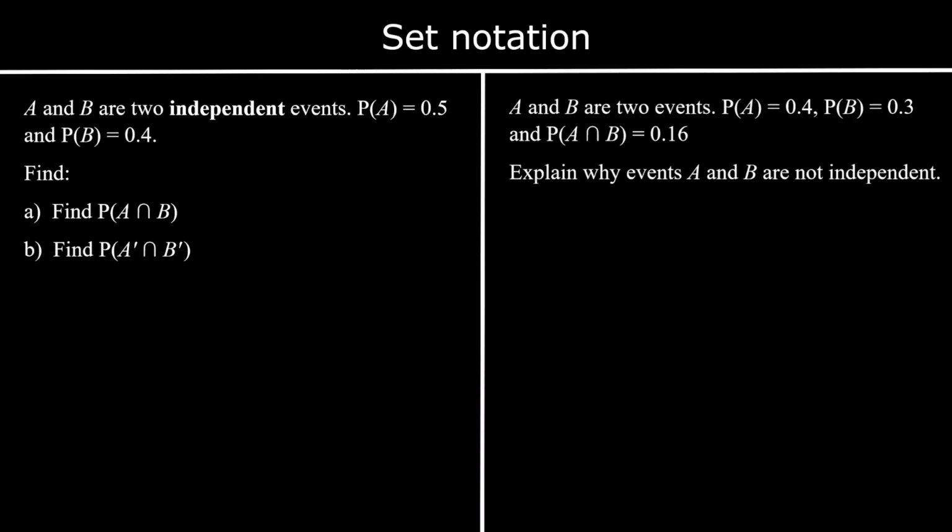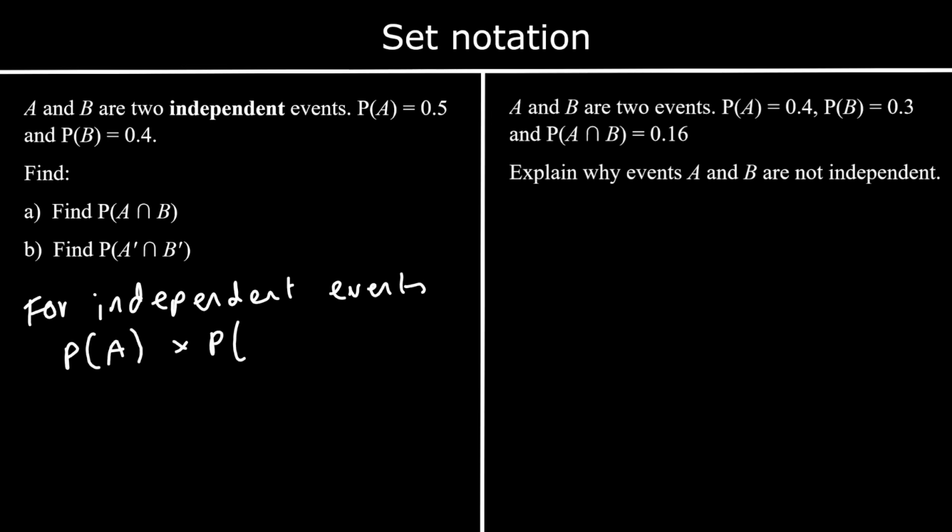When we have two independent events, that means one happening doesn't affect the other one happening. So for independent events, the probability of A times the probability of B is equal to the probability of A and B, the intersection.